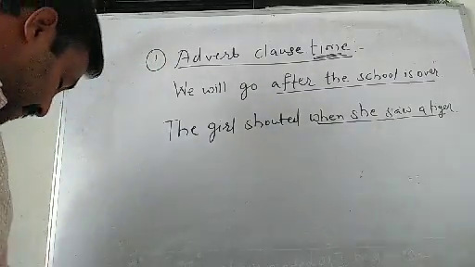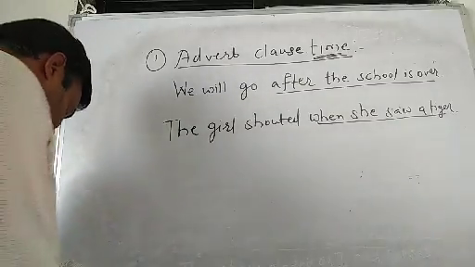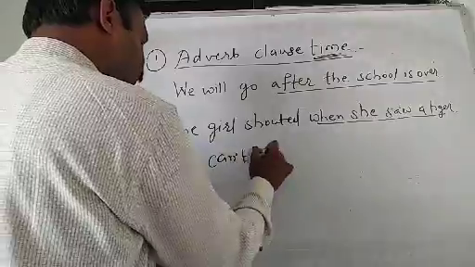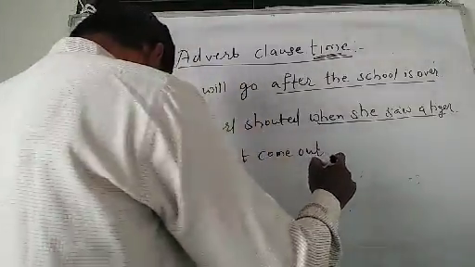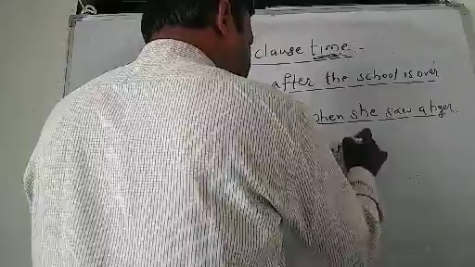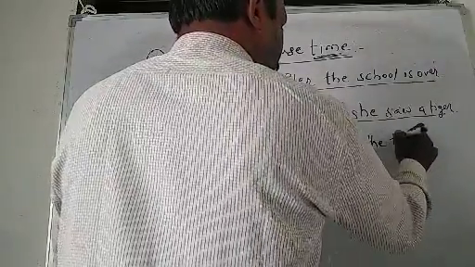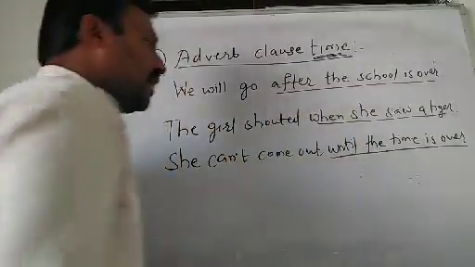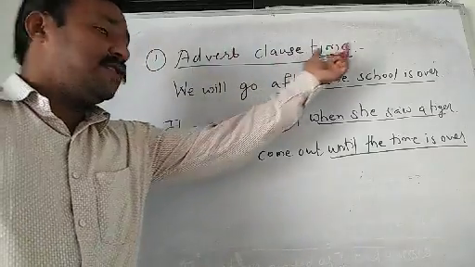One more example. "She can't come out until the time is over." Here, "until the time is over" is our adverb clause of time.